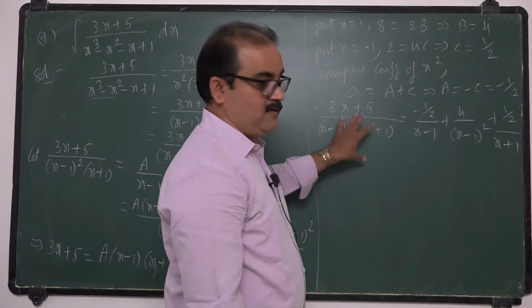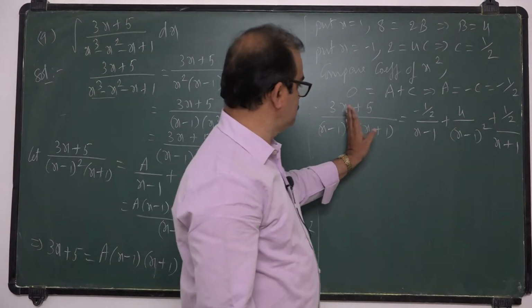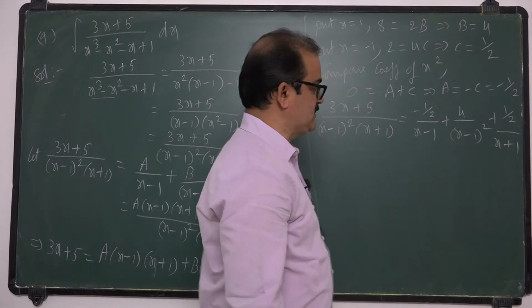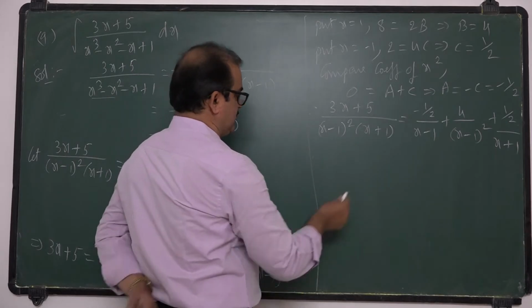In this way, first of all, we resolve into a sum of partial fractions. Now integrate both sides.